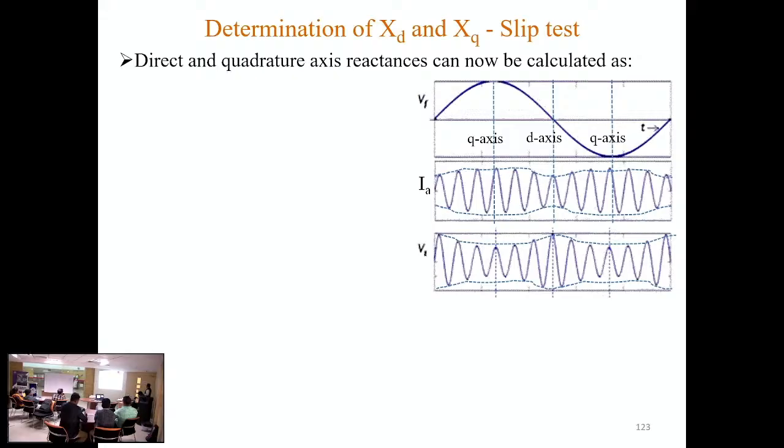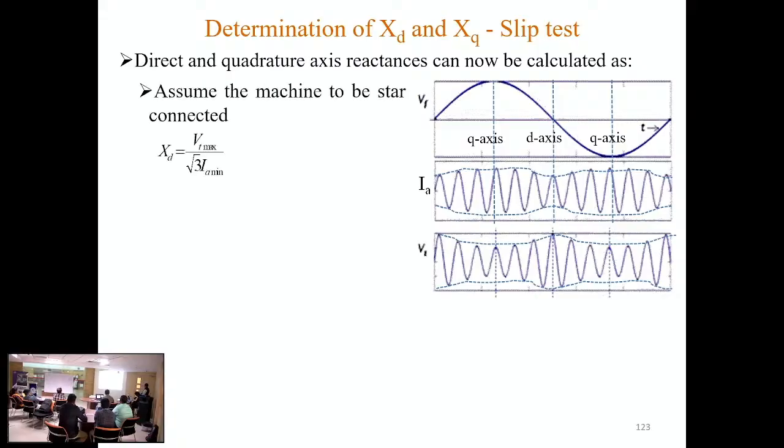Now from this we can take the reading along the D axis, that is minimum current, maximum voltage, and along the Q axis, maximum current, minimum voltage. If we find the ratio, we will get XD and XQ.